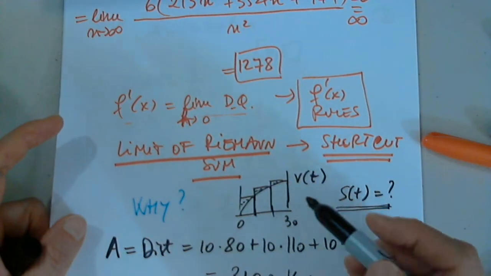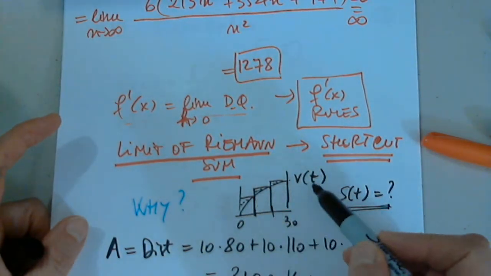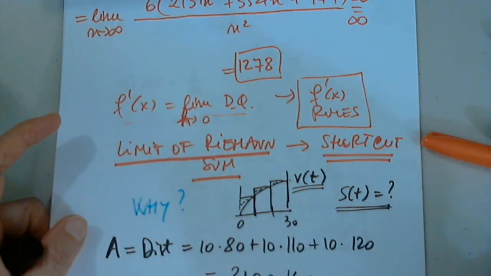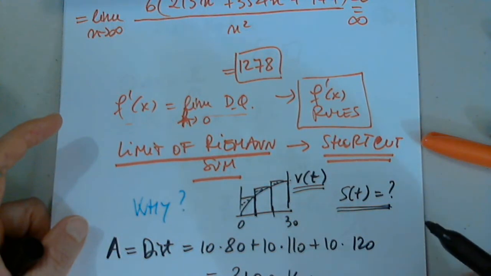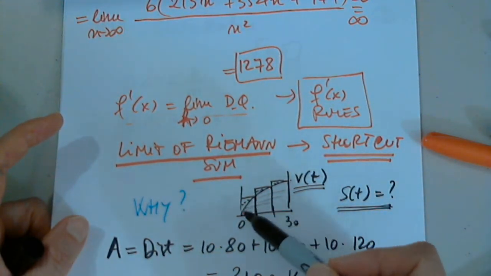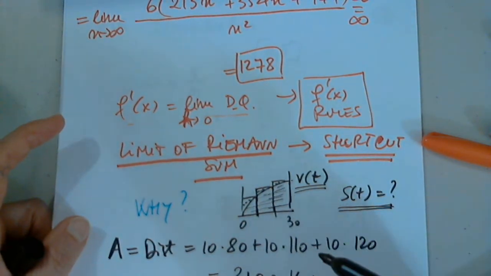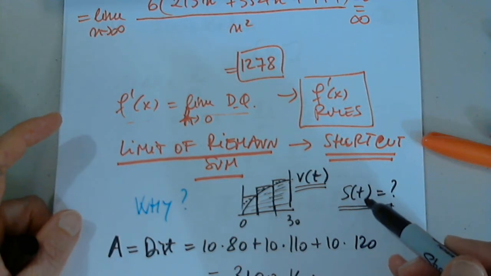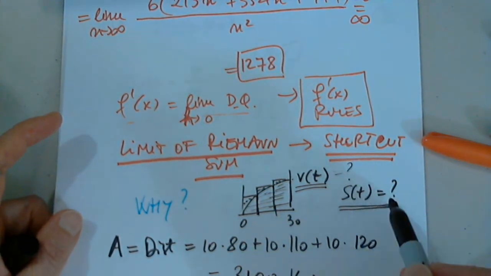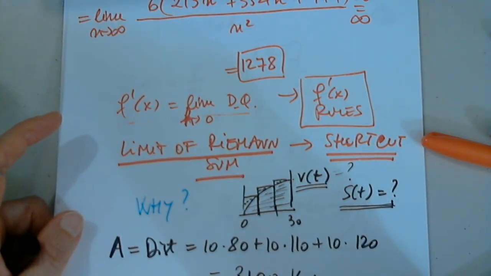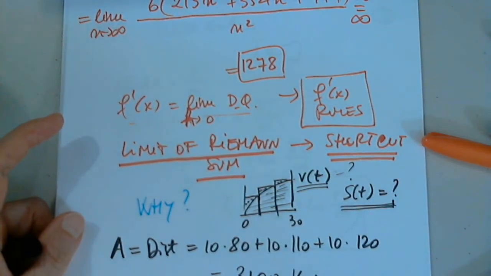So I'm asked to estimate, based on the graph, which is the graph of the velocity between 0 and 30, I'm asked to estimate the distance covered by the vehicle. So I'm asked basically to determine this area. Otherwise, I would have determined the distance using anti-differentiation. But since I don't have this, I cannot have this. Was that the question, Oscar?